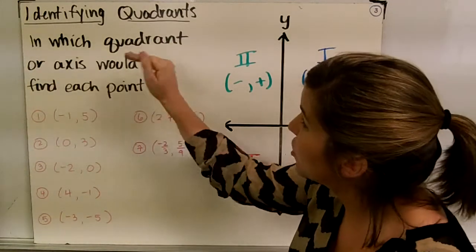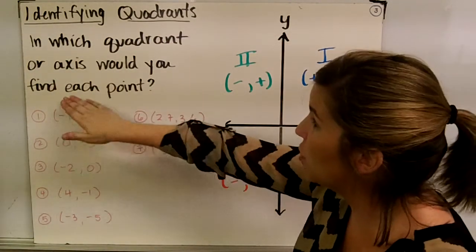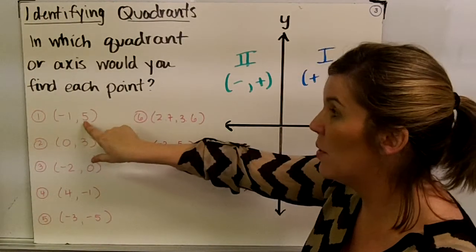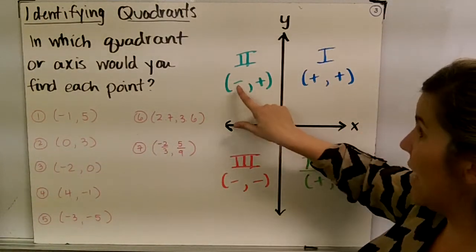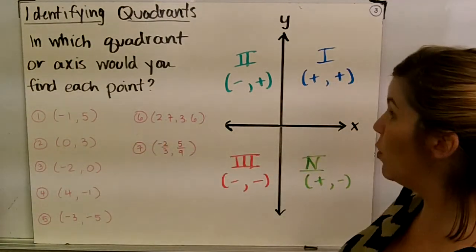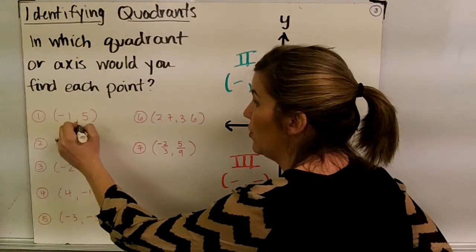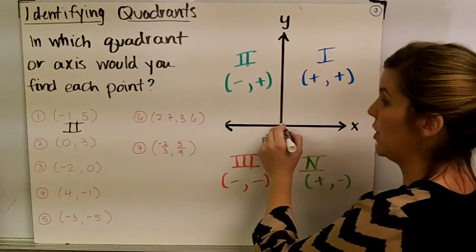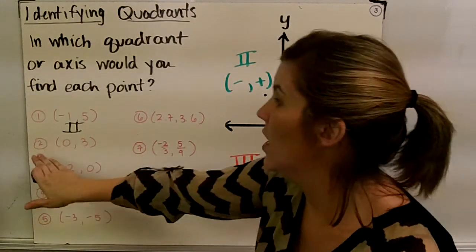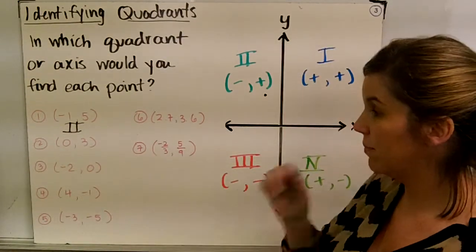So which quadrant or axis would you find at each point? Number 1, negative 1, 5. The x is negative, but the y is positive. A negative x, a positive y. So this ordered pair would be in quadrant 2. We will go negative 1, up 5. Number 2, 0, 3.